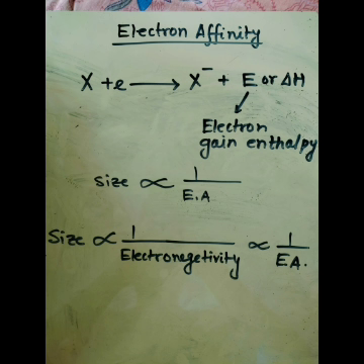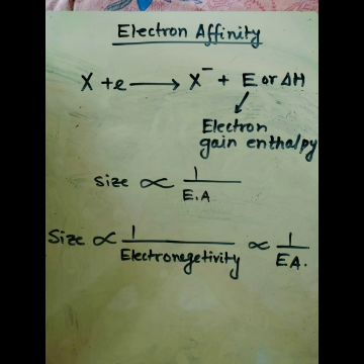Similarly, it is also related to size, because when the size of an element increases, the attraction between the valence electron and the nucleus decreases. As a result, if you want to add one electron to the valence shell, it is very tough, because there is less attraction force.